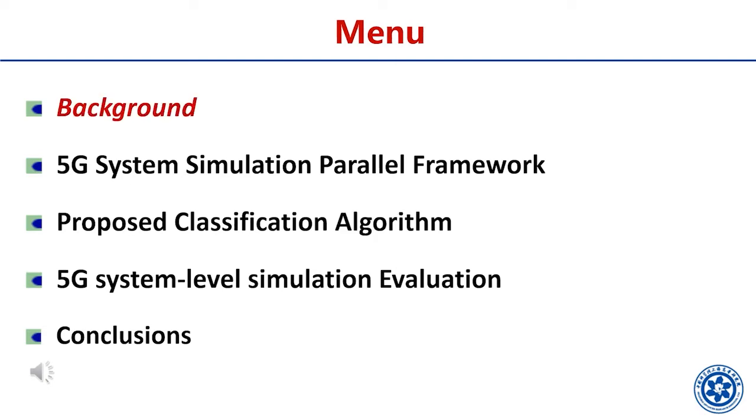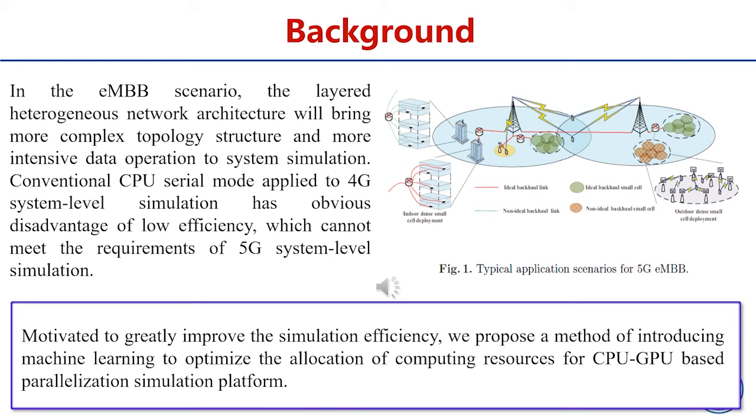First, let me introduce the background of the paper. The main purpose of this paper is to solve the problem of 5G system simulation. In the eMBB scenario, the layered heterogeneous network architecture will bring more complex topology structure and more intensive data operation to system simulation.